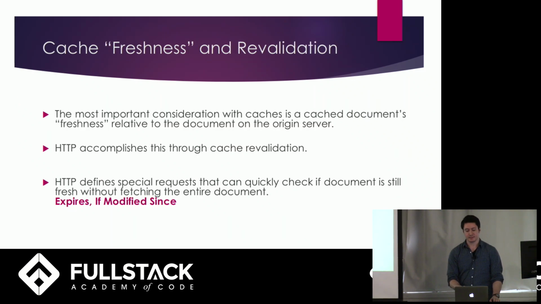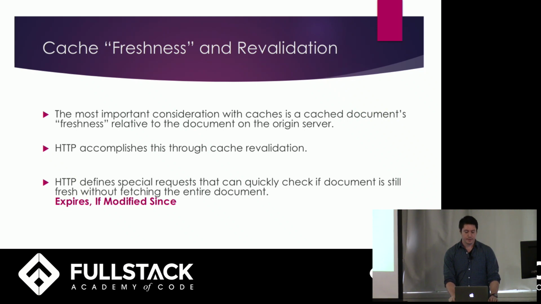The most important consideration here is how fresh what's on the cache is compared to what's on the server. Because if you have a resource on your site that was updated a year ago, but the cache is 2 years old, then HTTP needs to know that the document it's serving up is fresh and doesn't need to be revalidated.